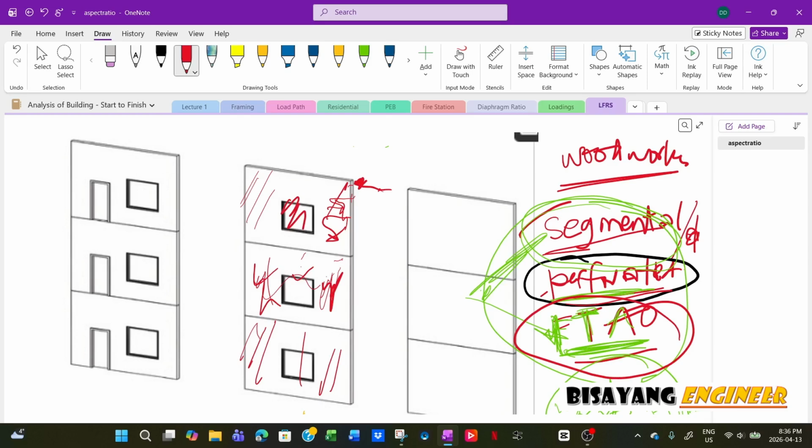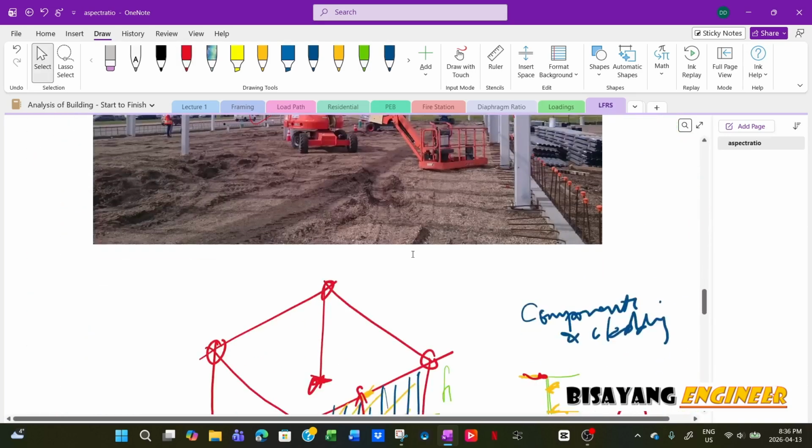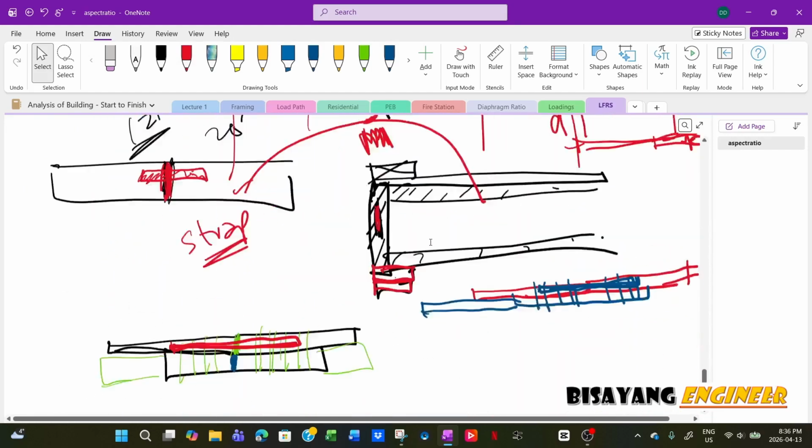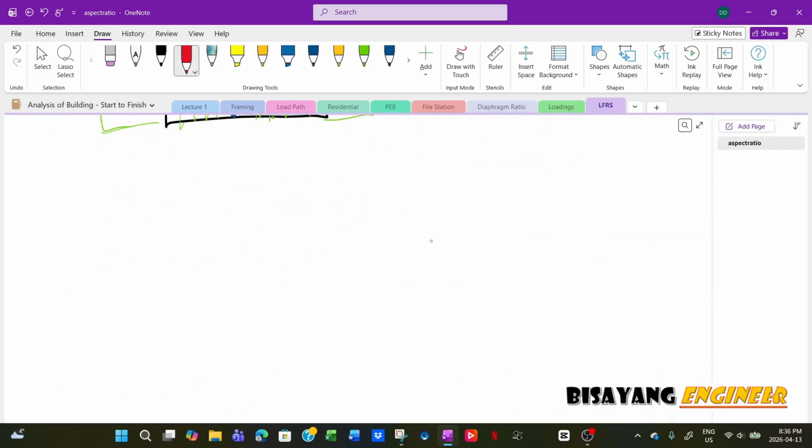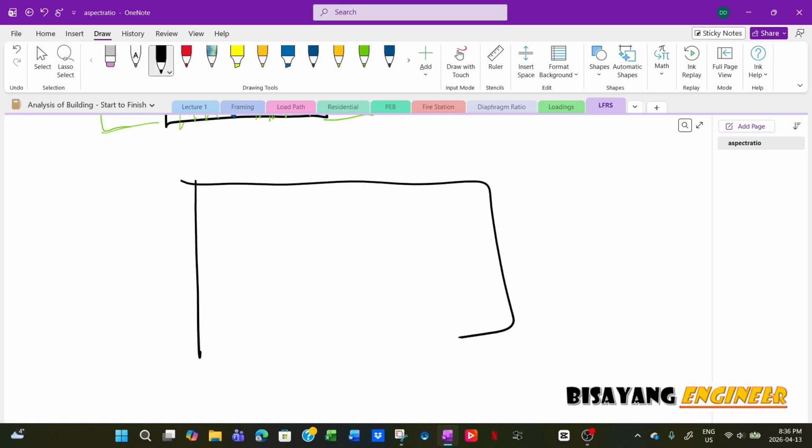So that's why in this situation sometimes we will ask the architect, can we remove this opening, or for example, instead of having this window, you will have a window here and then a window here.